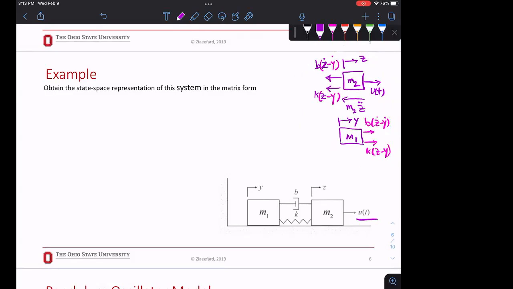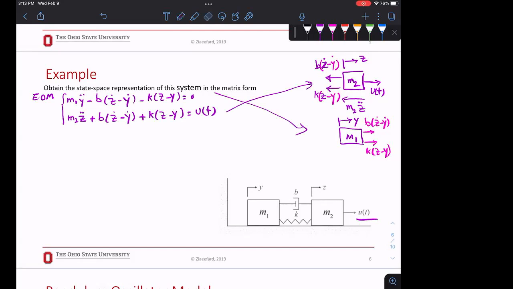So your equation of motion will be M1 y double dot minus negative B z dot minus y dot, hopefully I put all of this correctly, minus K z minus y equal to 0. And the other set is M2 z double dot plus B z dot minus y dot plus K z minus y equal to U(t). So this is for this one and this for that one.